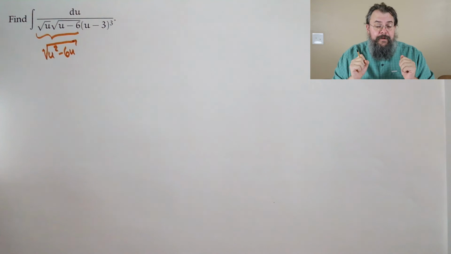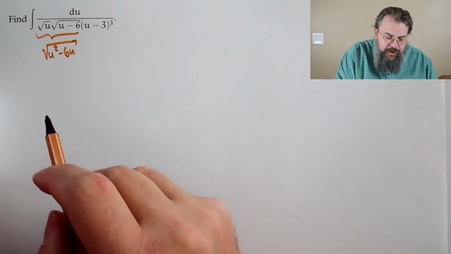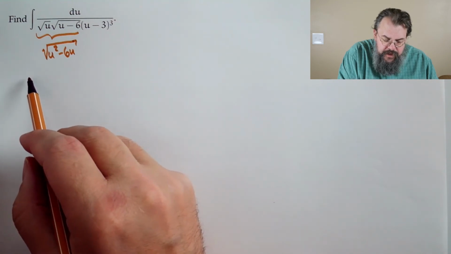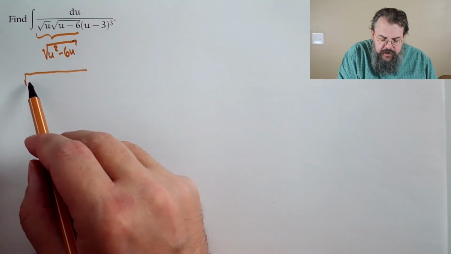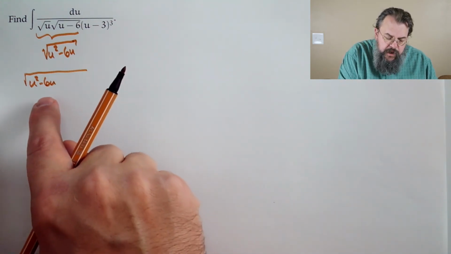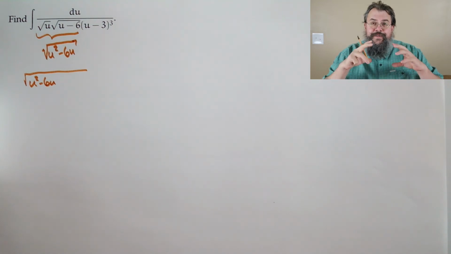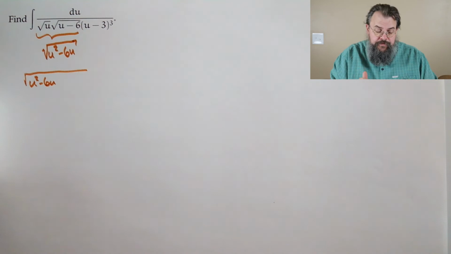And that's not what we have yet. But we kind of see where we're going. We say, okay, well, we'll think of this as square root u squared minus 6u. And then we say, what do we need to do to get a square here? So we want our varying part to be a square. We want to complete the square.